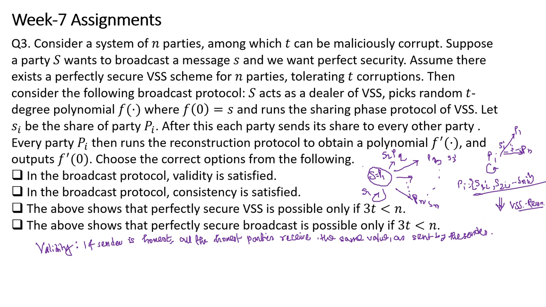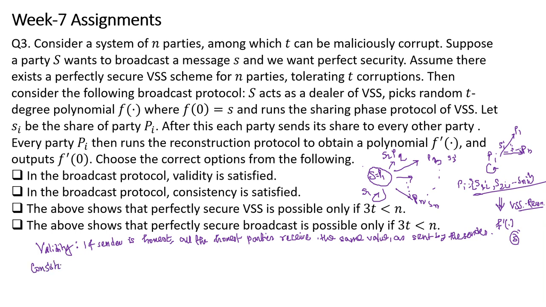Since we are mostly dealing with polynomial based verifiable secret sharing schemes, some polynomial will be obtained after the application of the reconstruction phase of the VSS protocol, and this will be evaluated at value 0 to recover the exact secret small s. So by the correctness property of the VSS protocol, the validity of the broadcast protocol will be satisfied. And what is the consistency property of a broadcast protocol?